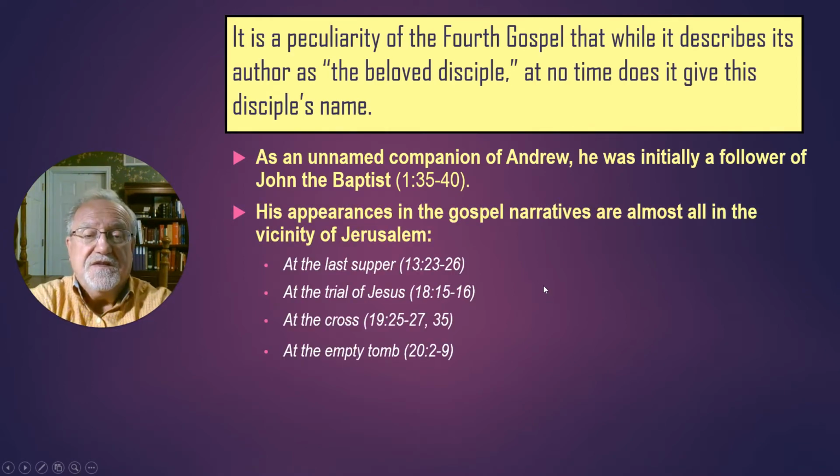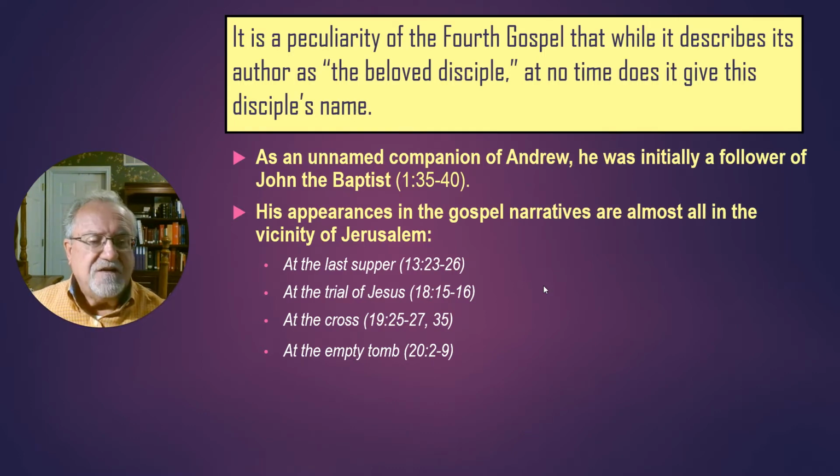So his appearances in the narratives are almost always in the vicinity of Jerusalem. Now, partly that has to be true because the places where he appears are often connected with Jesus' last week in Jerusalem. So he appears at the Last Supper, the trial of Jesus, at the cross, and at the empty tomb.